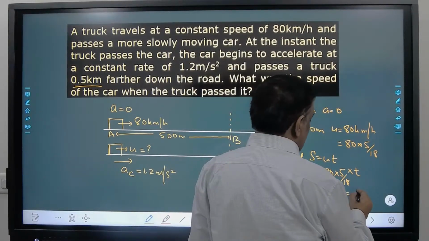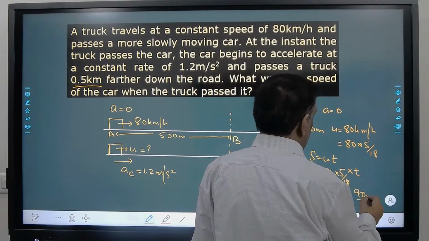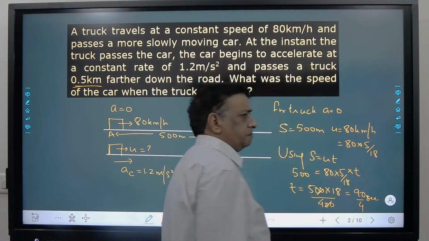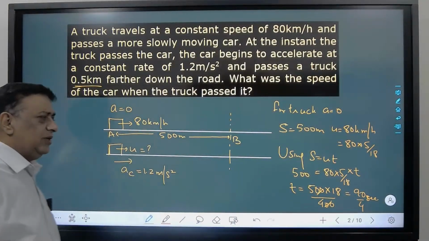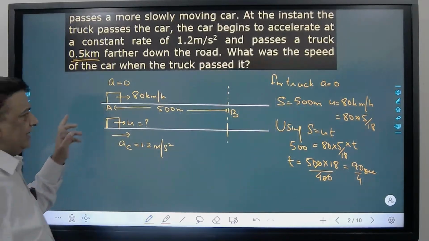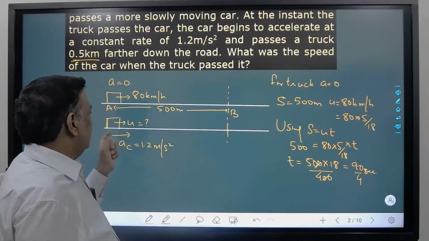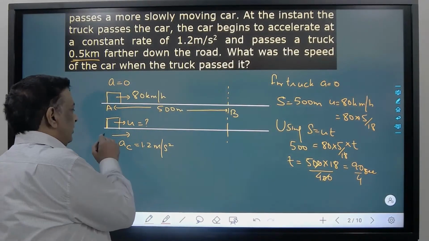So 18 by 5 is 90, 90 by 4 seconds, which is 22.5. So in 22.5 seconds, truck moves from A to B. In the same time, car travels from A to B.